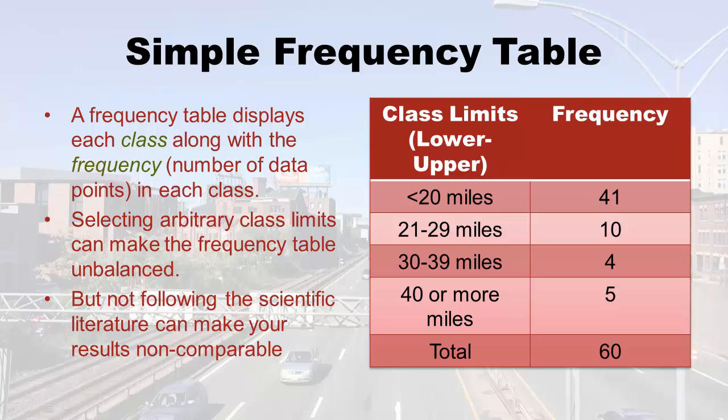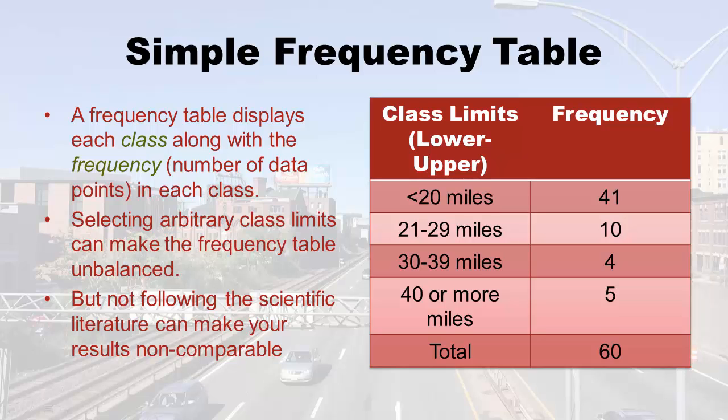That makes a little more sense in your head. That's how we think of miles. If I had put 18 to 24 and 25 to 29, we don't really think that way. So this is helpful in healthcare to boil it down to something like this. And by the way, if I was writing a real paper and this were real data, I'd be looking at the papers before this that talked about transport times and looking at those class limits.